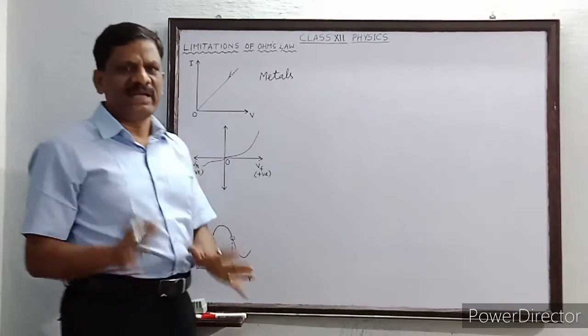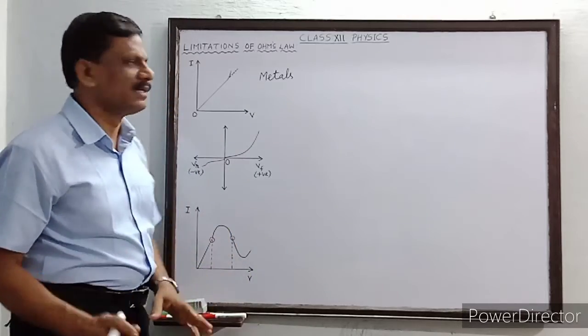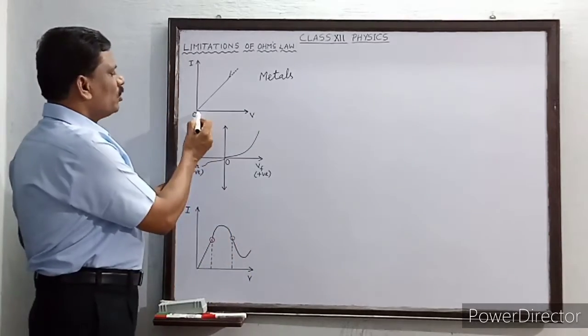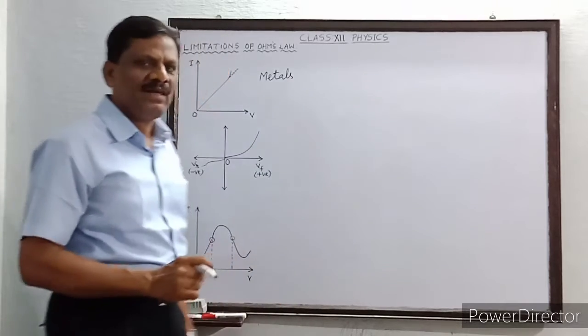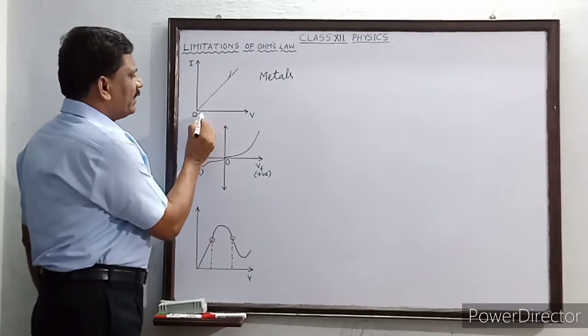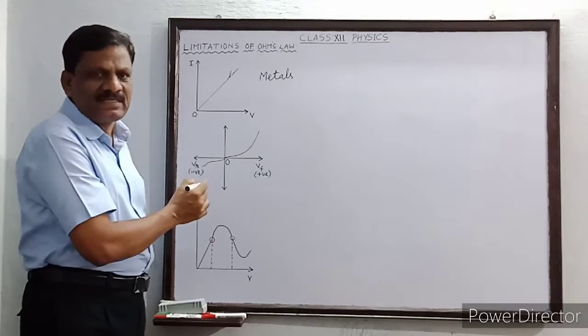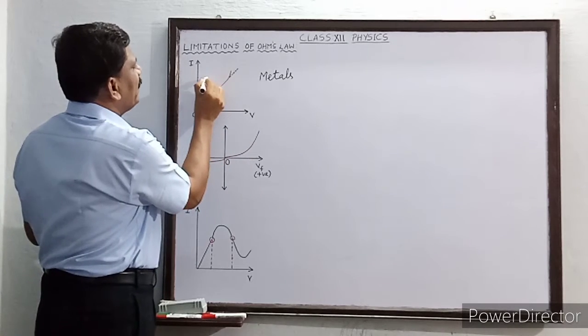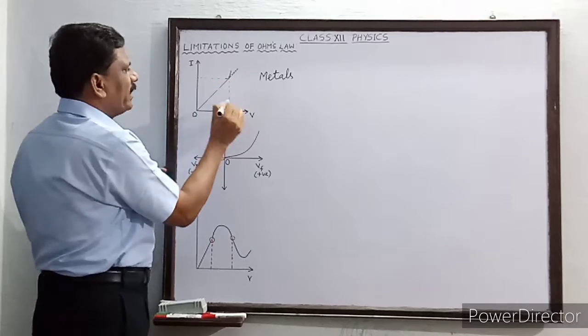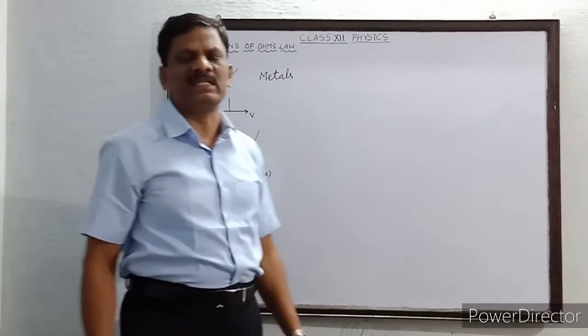If you plot a graph for normal conductors like copper, it should be a straight line passing through the origin. As the voltage is increased up to a certain extent, the current and potential difference are proportional to each other.